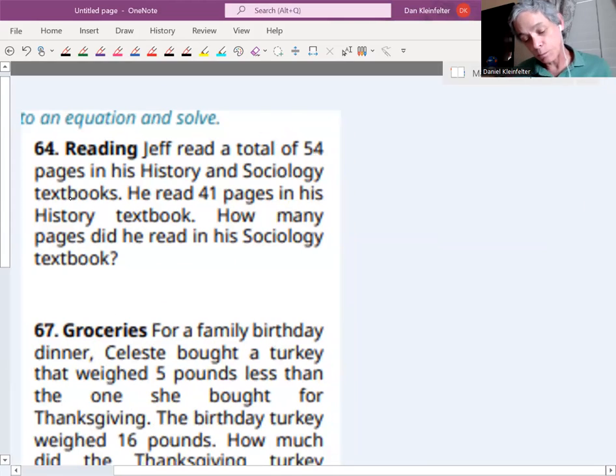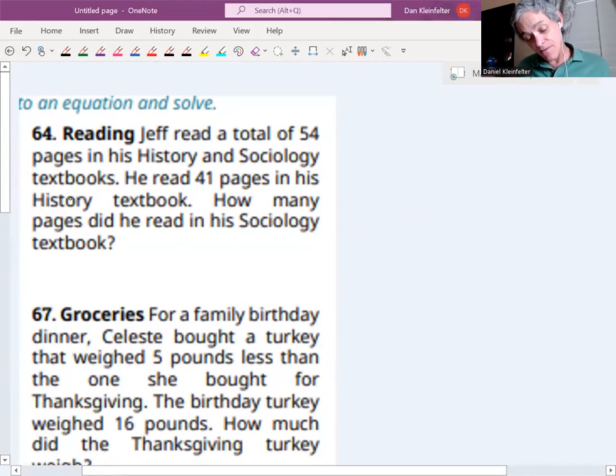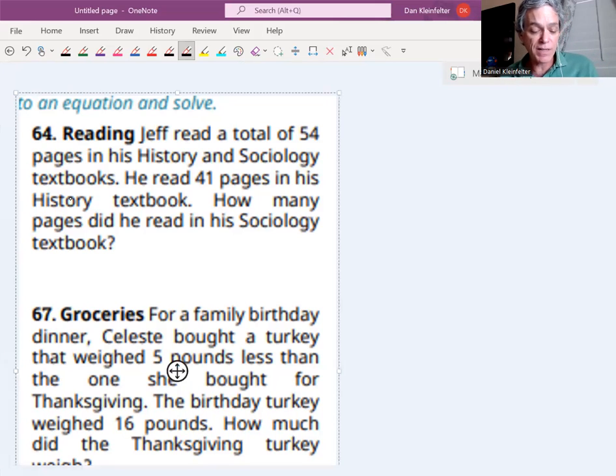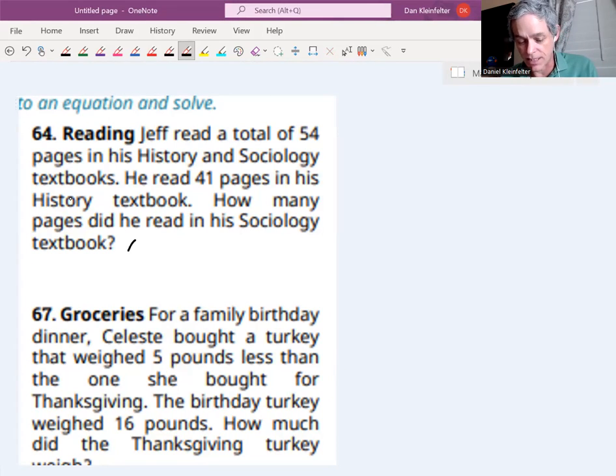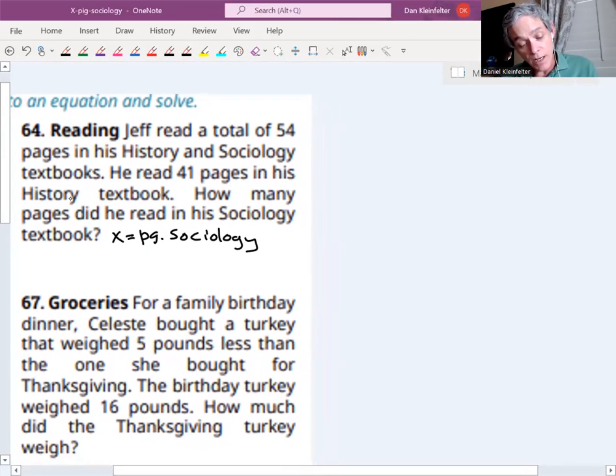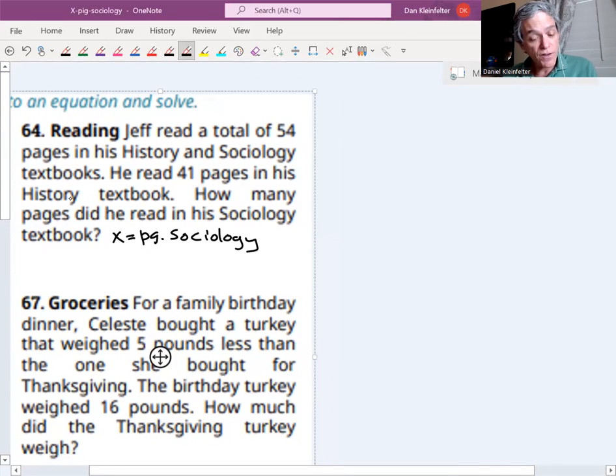Okay, so the variable is usually best chosen to be the thing that we're looking for. How many pages he read in the sociology book? I'm not going to choose an S for this because my S's look like 5, so I'm just going to stick with x. So this is the number of pages of sociology. All right, so we know that he read a total of 54 pages in history and sociology.